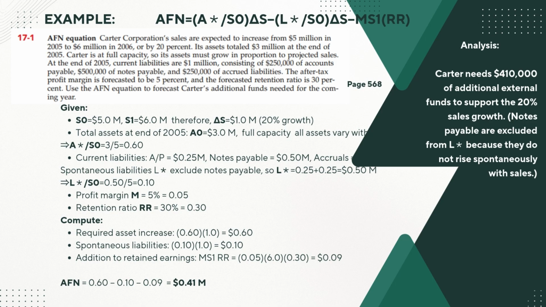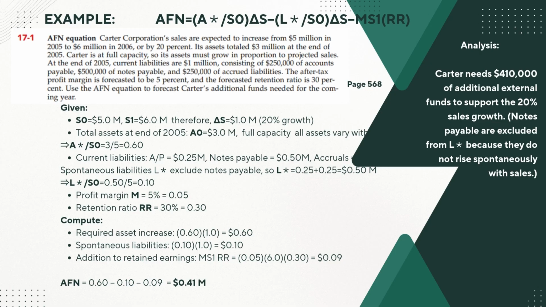So the required assets increase is 0.60 times 1 million is equal to 0.60 million. Spontaneous liabilities, the next part, is 0.10 times 1 is equal to 0.10.